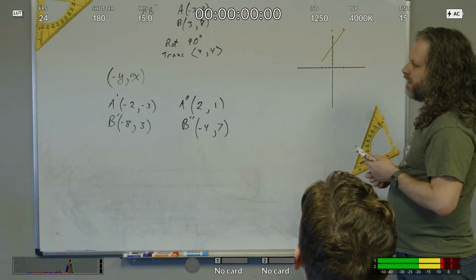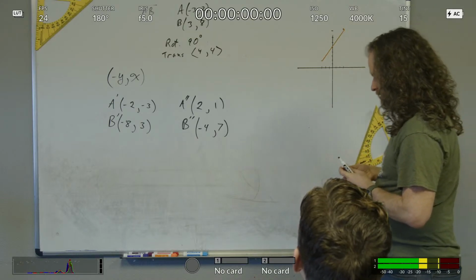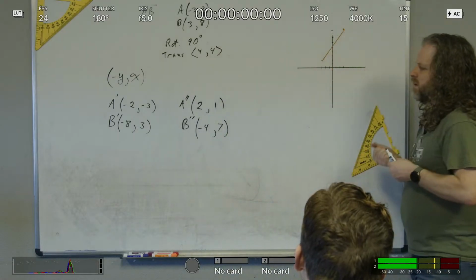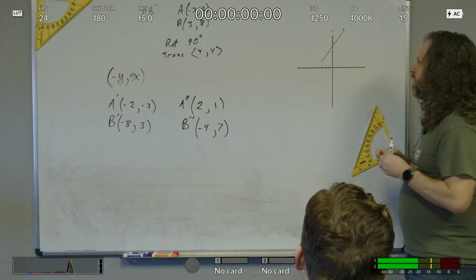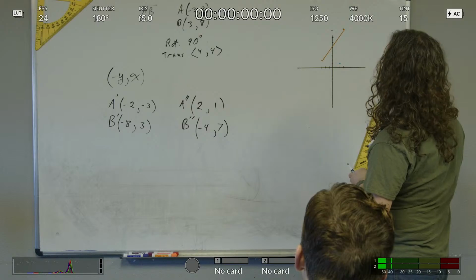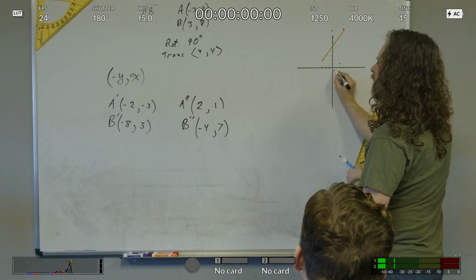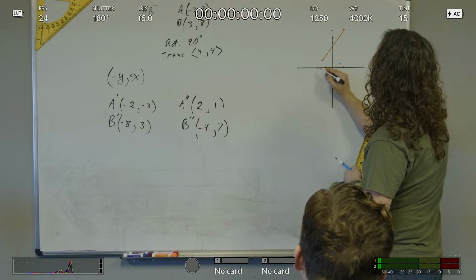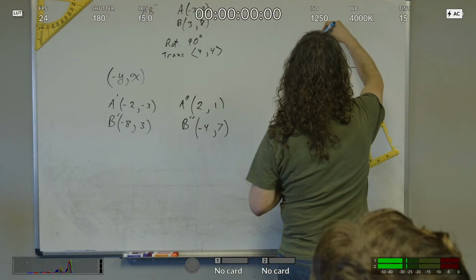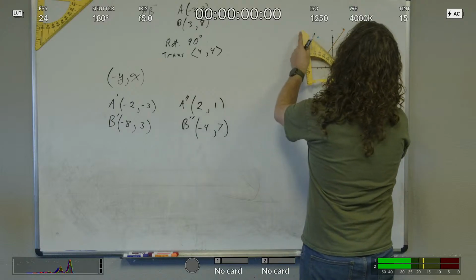Okay, and then the new one is at 2, 1. And -4, 7. So right here. And then we connect those.